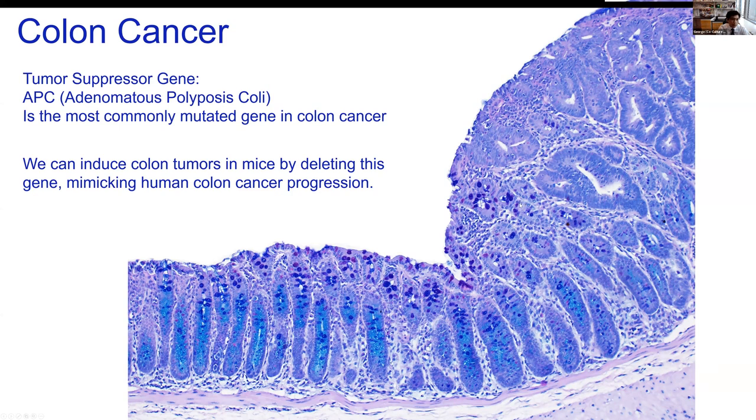And it's the most commonly mutated gene in colon cancer. And we can mimic colon cancer in mice in the laboratory, which we do in the Yilmaz lab, by deleting the APC gene, and we can specifically induce tumors where we want to. For example, here you can see on the right, we specifically deleted the APC gene in a few of the stem cells, and it generated this tumor in the mouse.